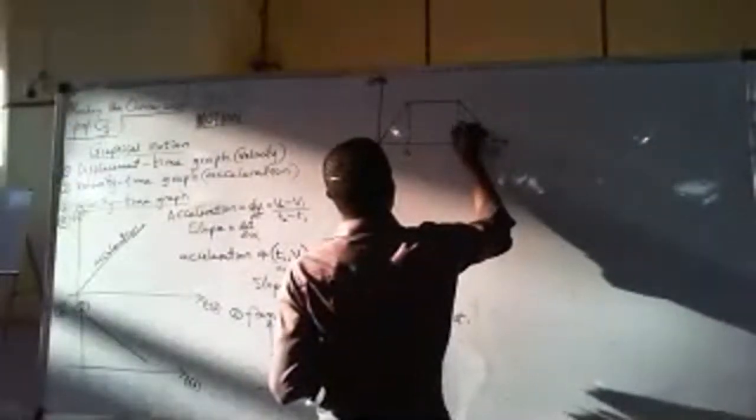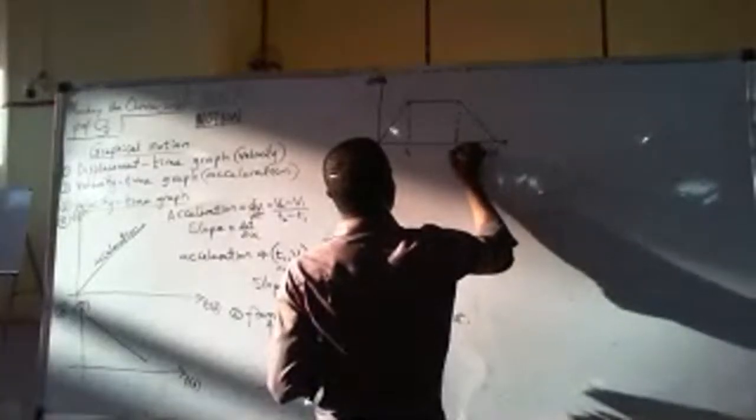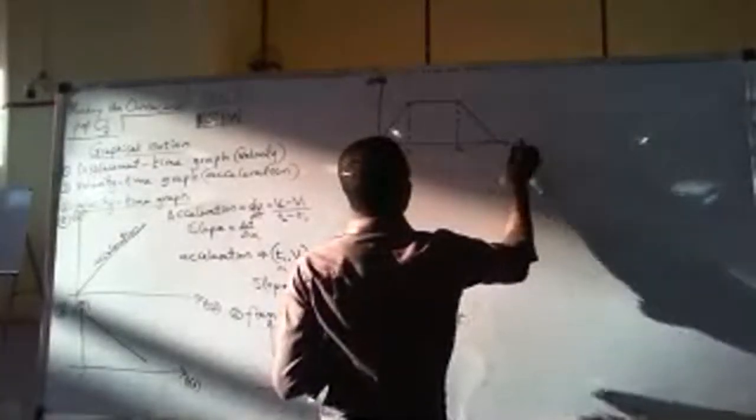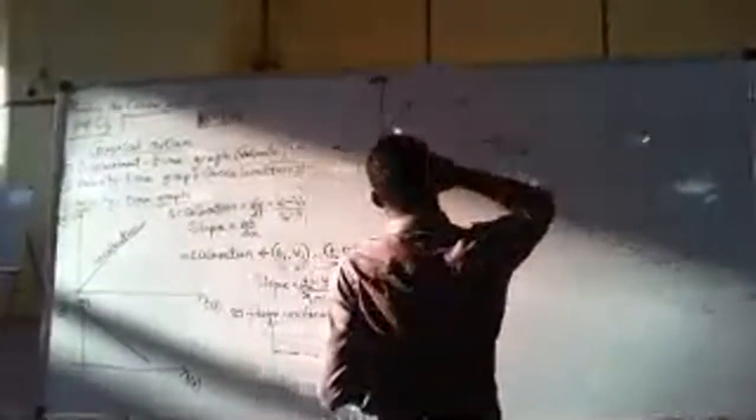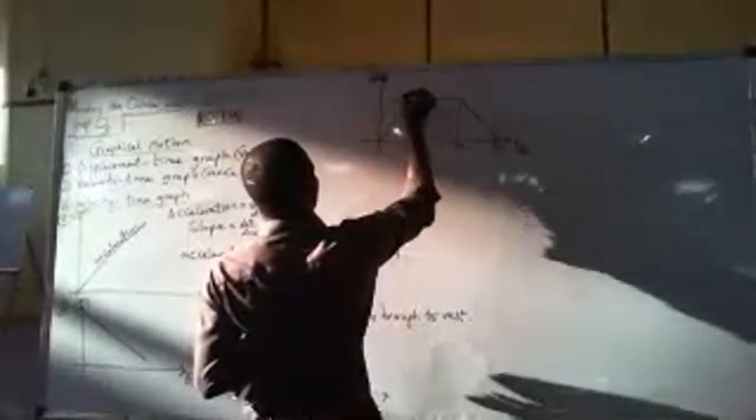This one will be like t1, the second stage. This one will be like t2. You now say it decelerates to t3, when it ends the journey. So the acceleration will now be obtained.